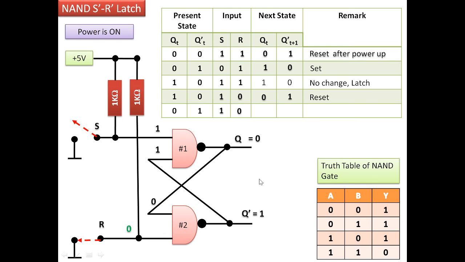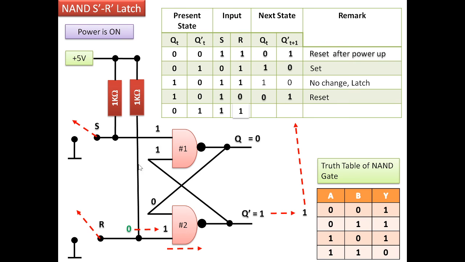Now let us again see what happens if we remove this particular switch and get it back to 1. So when we remove the switch from low to high, again this particular NAND gate is getting activated first. So the output, it was 1. Since the input is 0 1, the output remains 1.